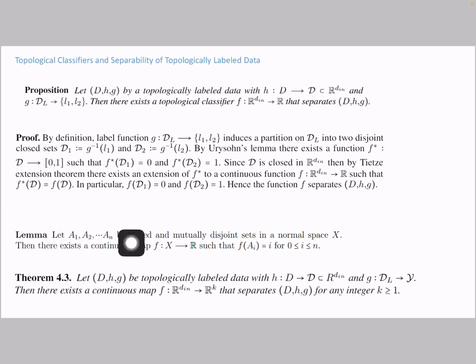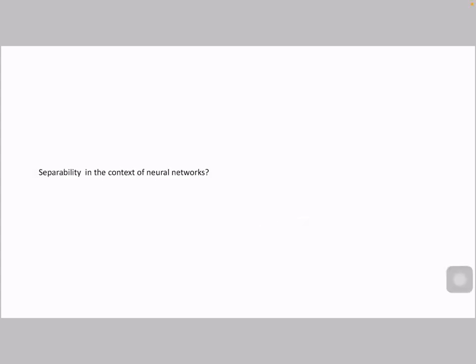So we have this lemma here, which can be proven by applying Urysohn's lemma multiple times. If you are given multiple closed and mutually disjoint sets, n of these, then there exists a continuous function f from X to R that maps each set A_i to i, for i equals 0 to n.